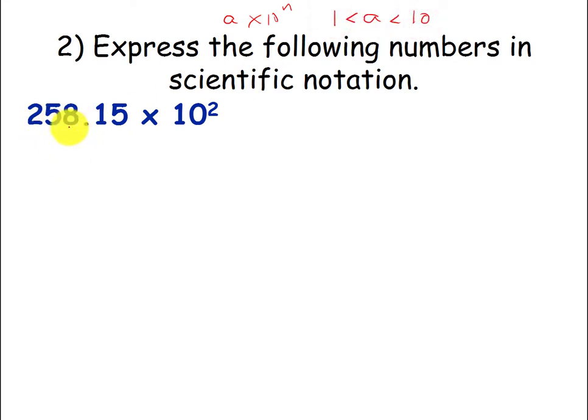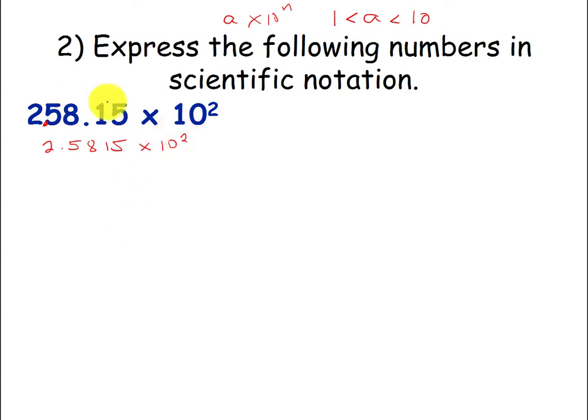Now this is 258, more than 10. So it means that I need to move my point over here so that we'll have 2.5815, okay, times 10. Now we move our point to the left twice.